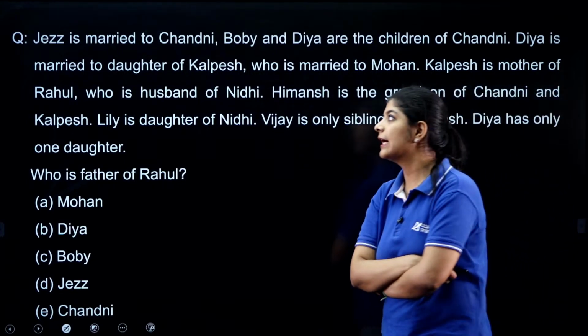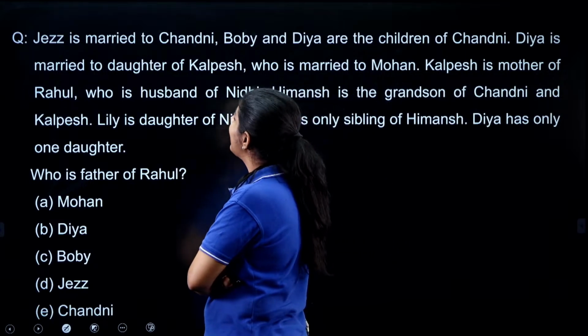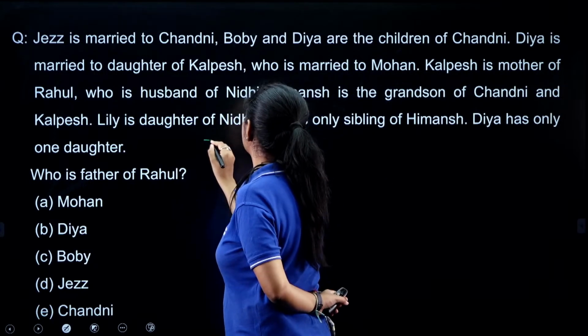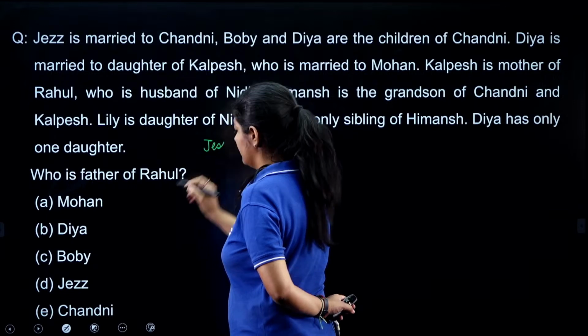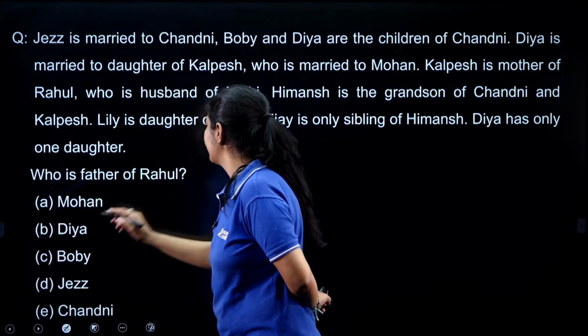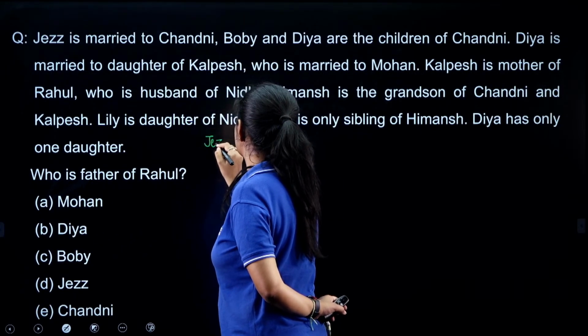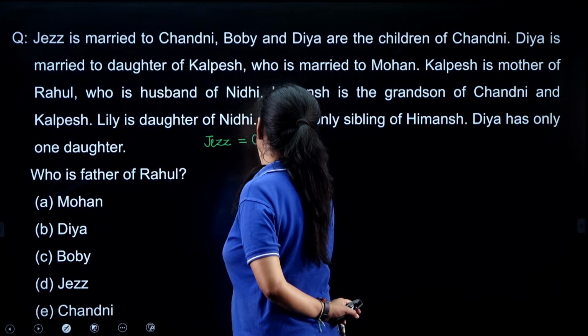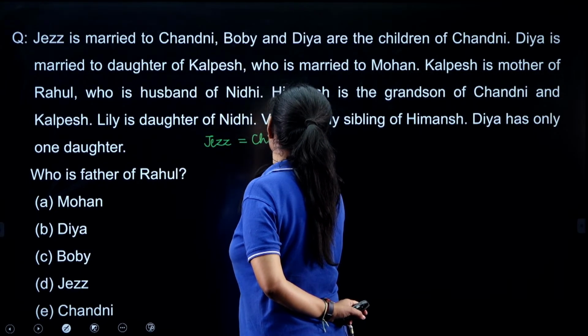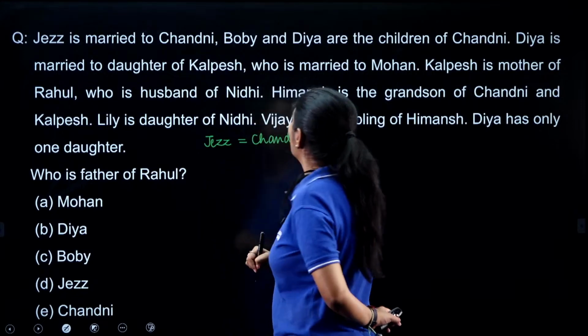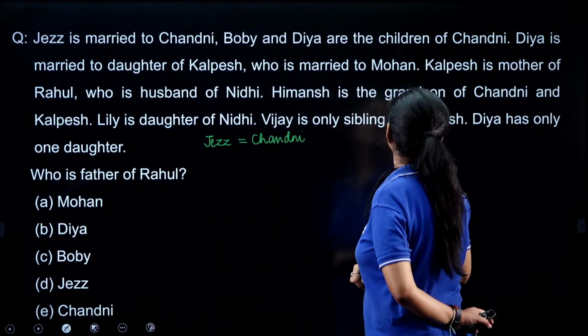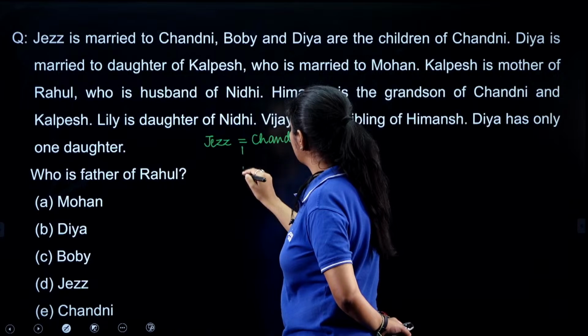Okay, let's start discussing. Jess is married to Chandni. Bobby and Diya are the children of Chandni, so we can draw it like this.